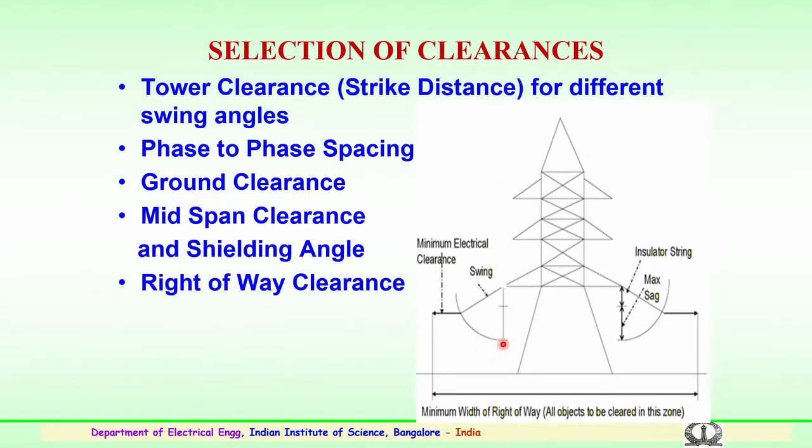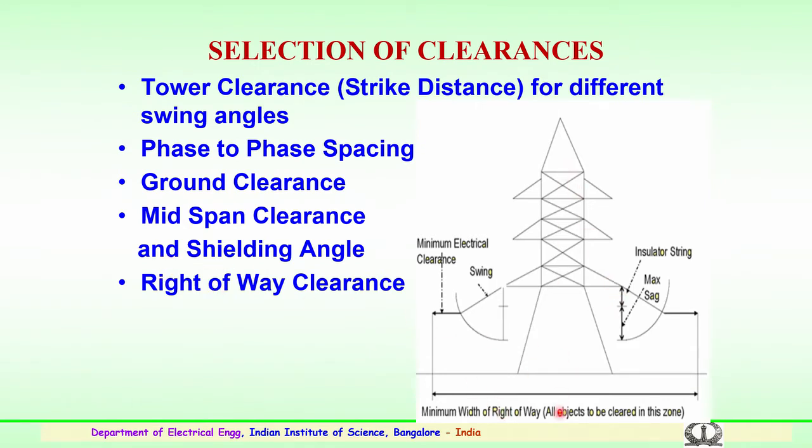Ground clearance: the conductors will be here, this is the insulator string, the conductor. So, this point from here to the ground, this is the ground clearance. It depends on the voltage level what minimum ground clearance has to be maintained. So, mid span clearance from here, what is the minimum, and the shielding angle, this is the angle which protects the minimum clearances, and total right of way clearance.